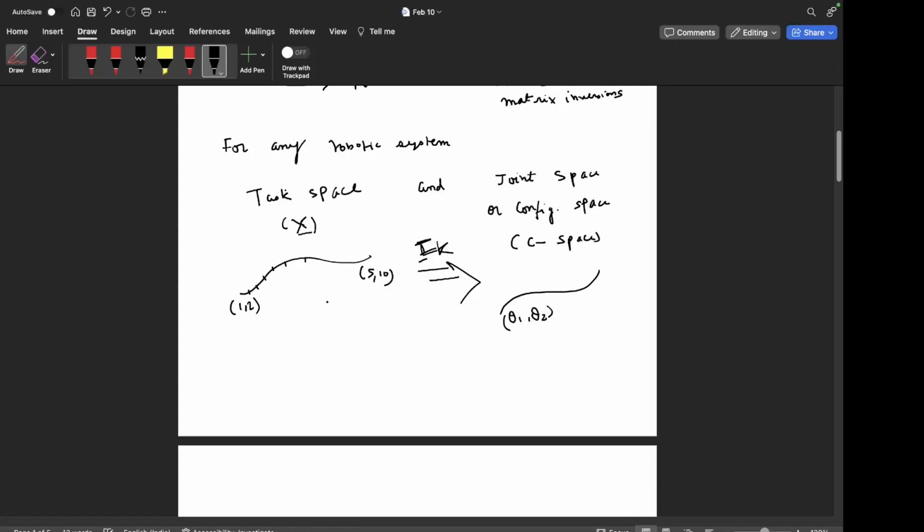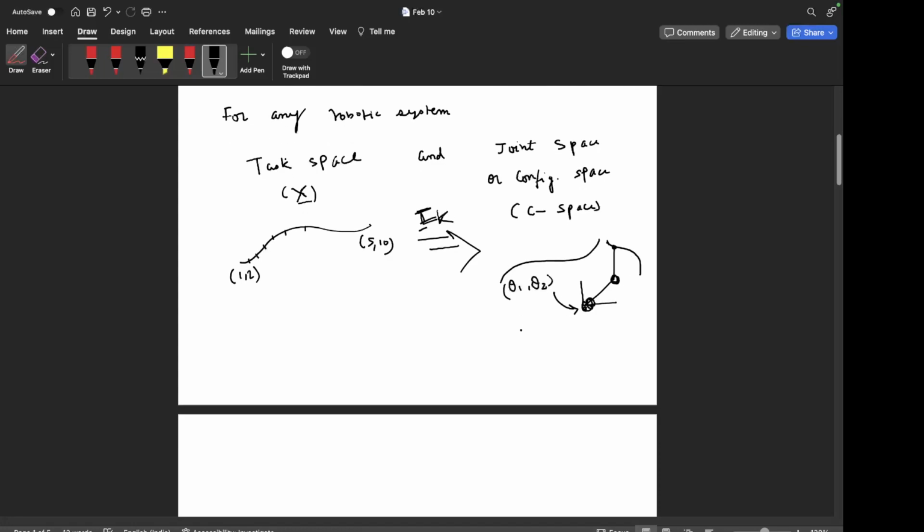For each of these points, if you do inverse kinematics you get theta 1, theta 2, so you get the trajectory of the joint angles, and that is the quantity which is commanded to the manipulator. Your manipulator, having motors at the joints, takes these joint angles and drives to that position. In the end the end effector would attempt to follow, not precisely follow, because therein lies the aspect of tracking and control, which we'll see going ahead. The aim is that the end effector follows the desired trajectory.